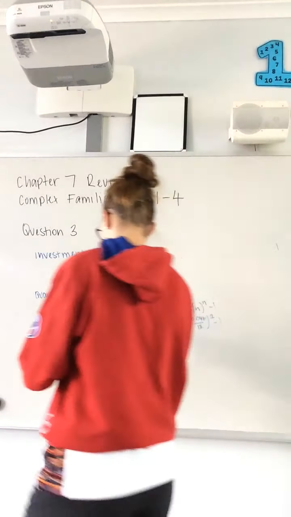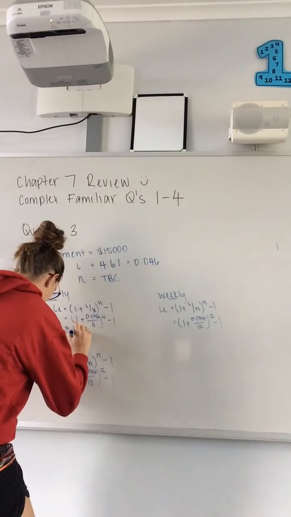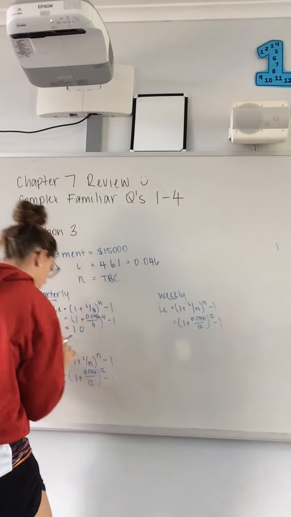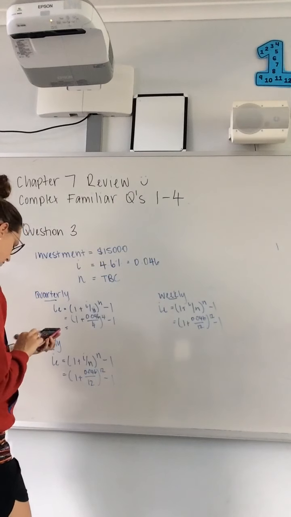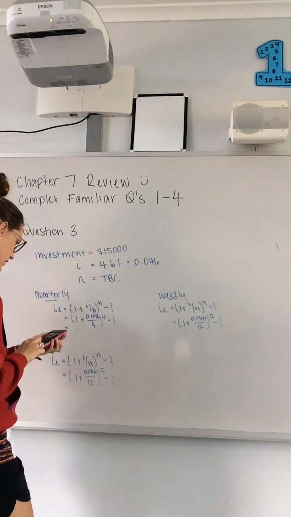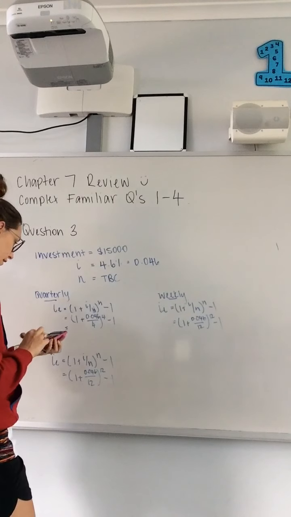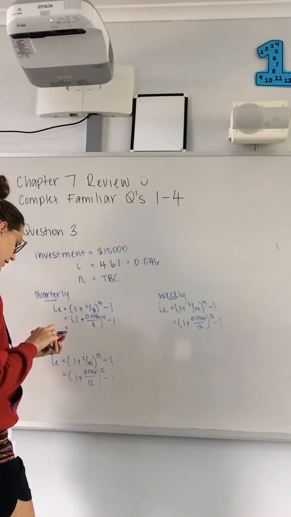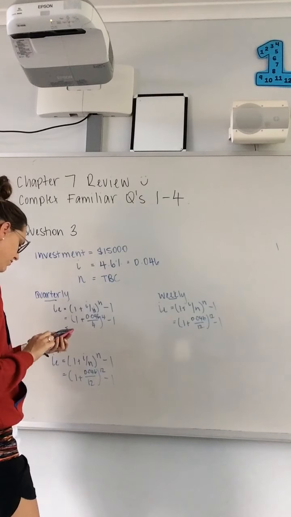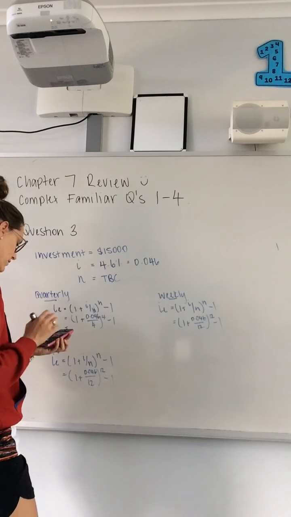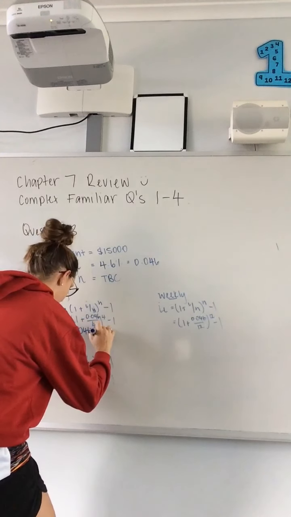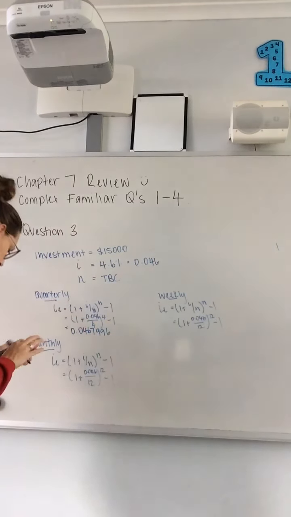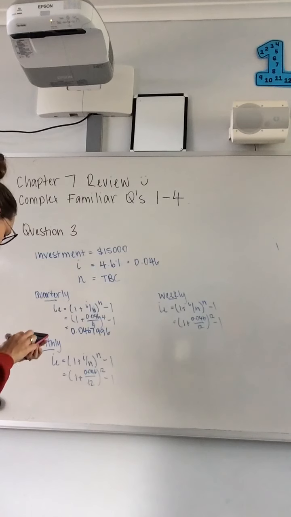So for this first one, I've got 1.0, oh, not 1 point, let me do that again. See, that's the beauty of this being live, is that I'm giving you time to do it while I am. To the power of 4, take away 1. There we go. 0.0467996. Bingo.